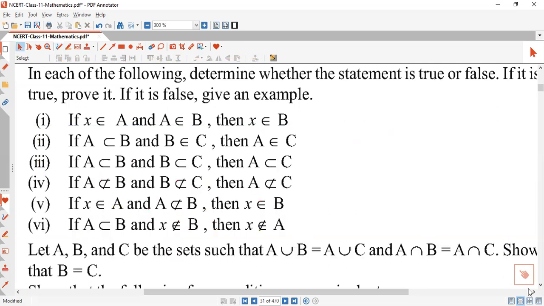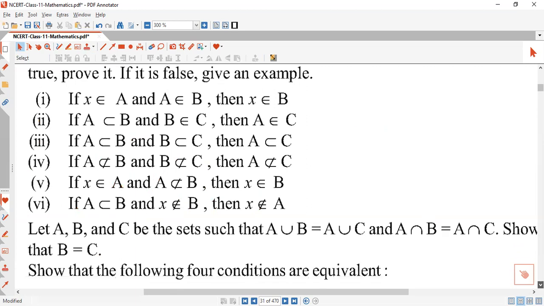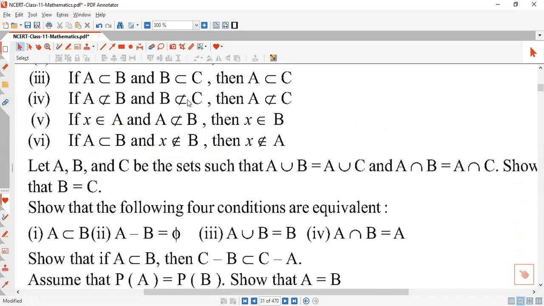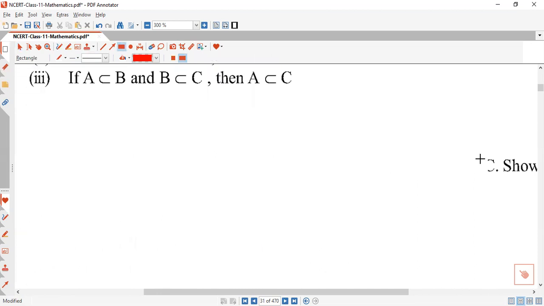Now we do the third part. If A is a subset of B and B is a subset of C, then A is a subset of C. Yes, this is true.